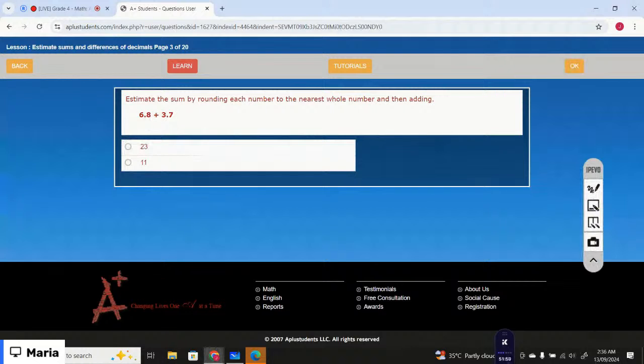So which is the correct option? 6.8 is rounded off to 7 and 3.7 is rounded off to 4. So that is 7 plus 4. The correct option is 11. Option number 2 is the correct option.